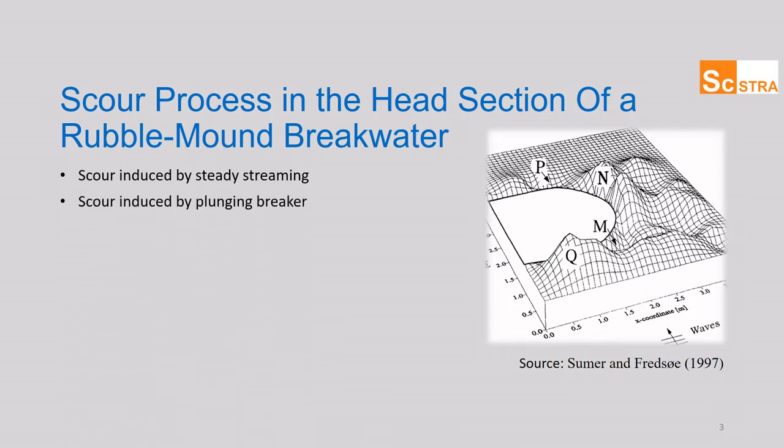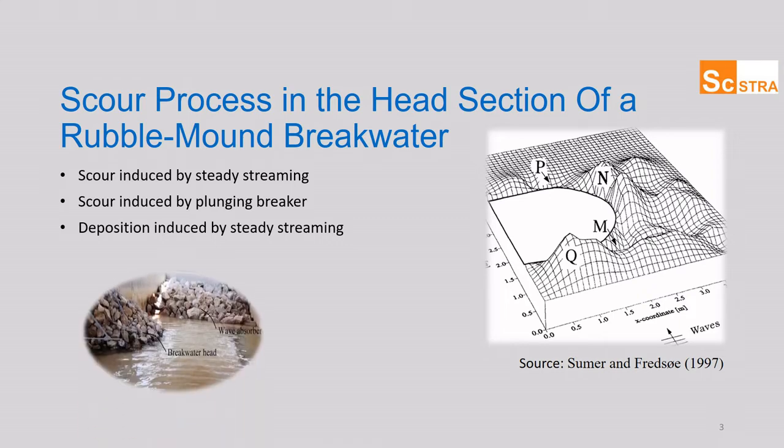And the other one is co-induced by plunging breakers in front and on the other side of the head section. And the last step is the deposition induced by the steady streaming, which can occur with the help of the waves that are broken on the head of the Rubble Mound breakwater.